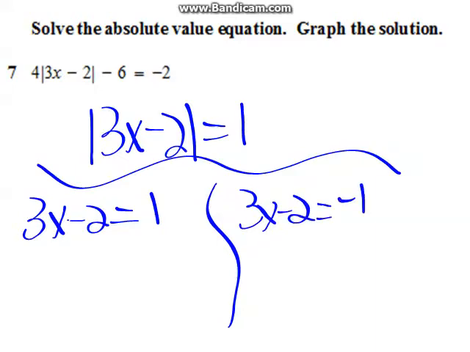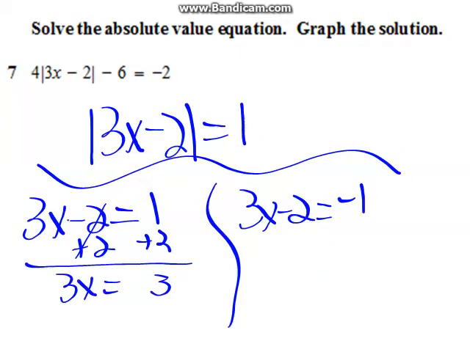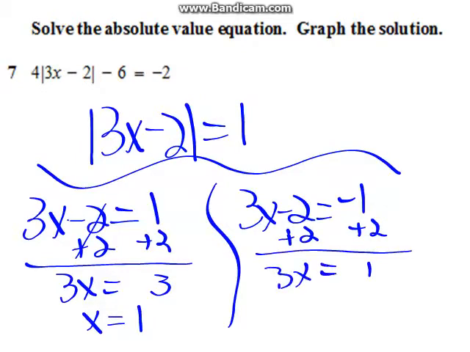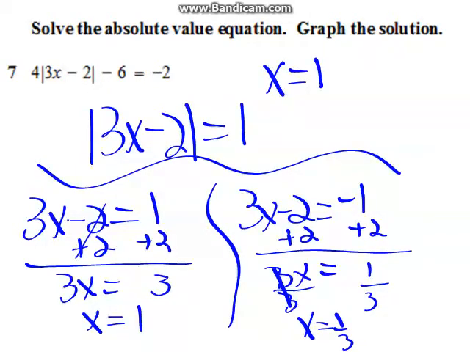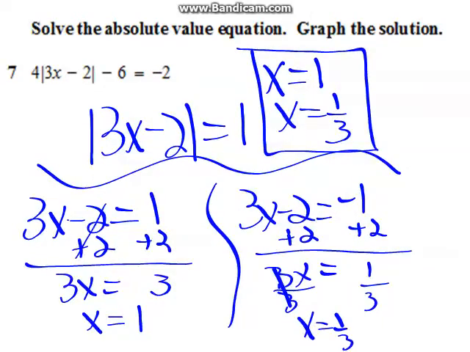So to solve this, add 2 to each side, and we get 3x equal 3, so x is equal to 1. And on this side, we're going to add 2 to each side, and we get 3x equals 1. So dividing each side by 3, we get that x equals 1/3. So our answer becomes x equal 1 and x equal 1/3. This is our answer.